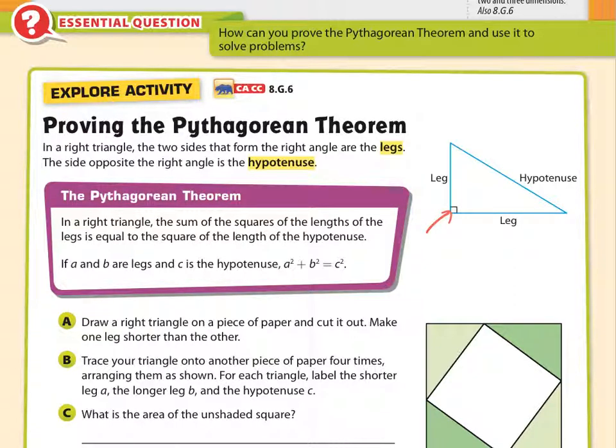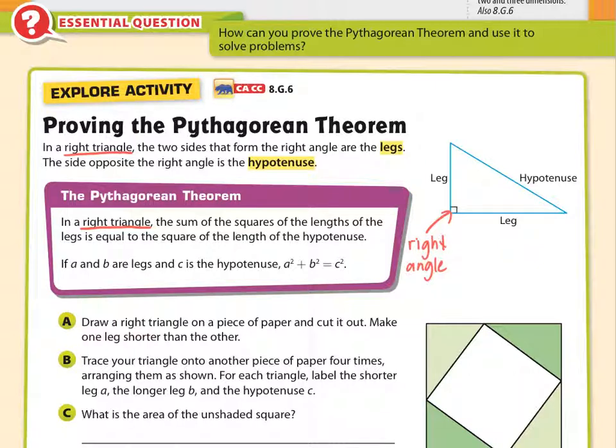That is our right angle. In order to use the Pythagorean theorem, it must be a right triangle, because it says in a right triangle. So that's the most important thing. If the triangle does not have a right angle, we cannot use this Pythagorean theorem.